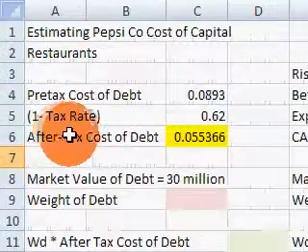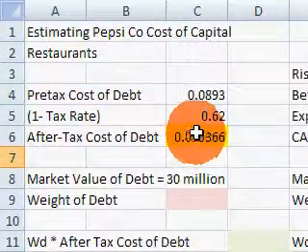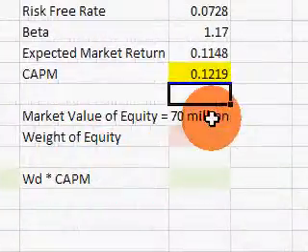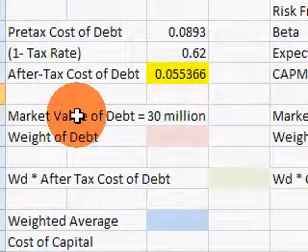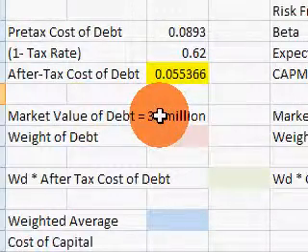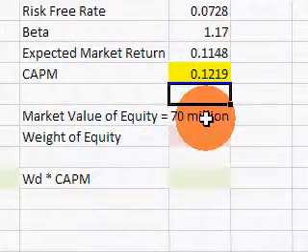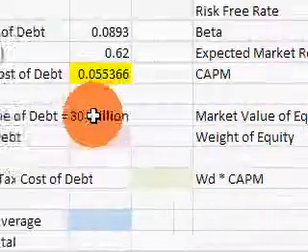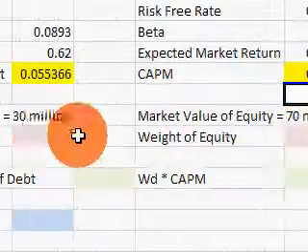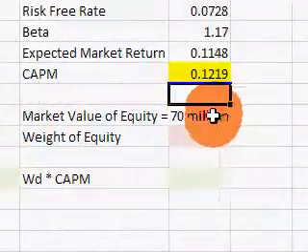This is the required return from the debt, the after-tax cost of debt. Well, this is not too exact, but let's just say that the market value of the debt was $30 million for investors, and the market value is $70 million for the equity, if you owned all the shares times whatever the price was of PepsiCo. So the total value of the two together, the 30 plus the 70, would be $100 million.